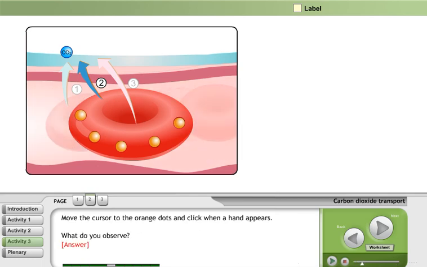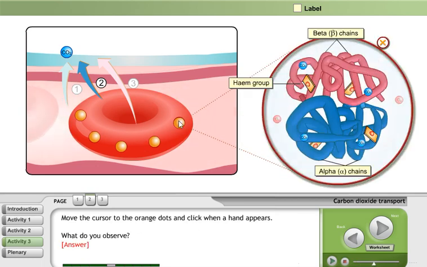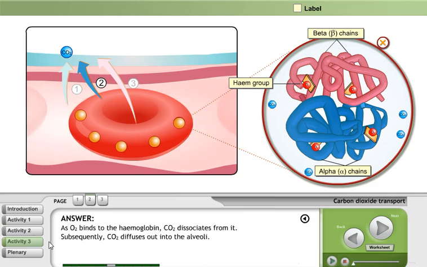Move the cursor to the orange dots and click when a hand appears. What do you observe? Answer: as oxygen binds to the hemoglobin, carbon dioxide dissociates from it. Subsequently, carbon dioxide diffuses out into the alveoli.